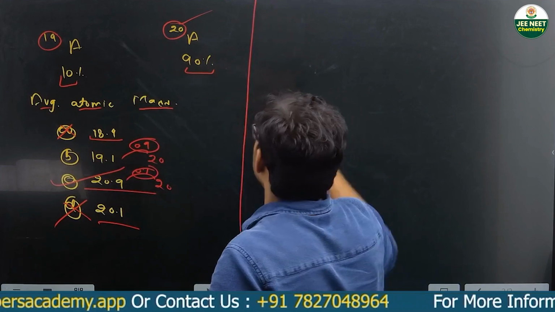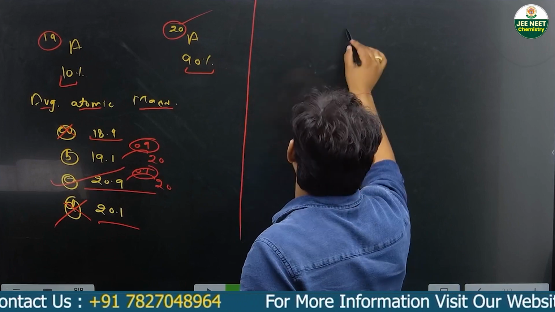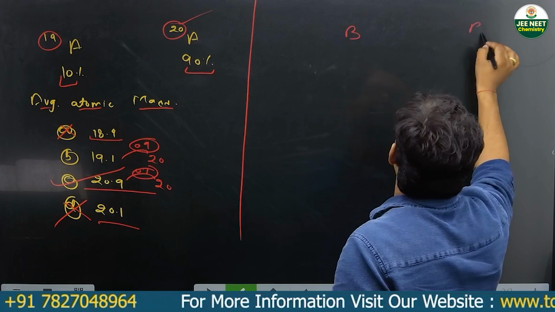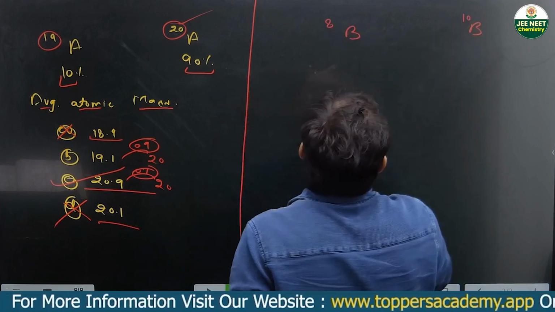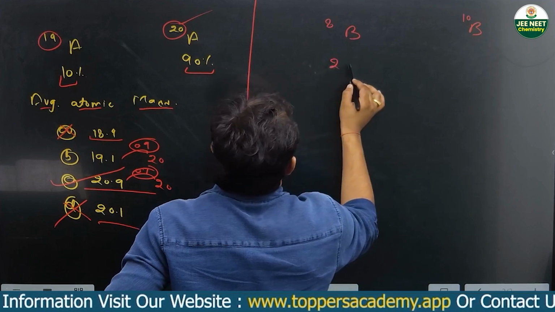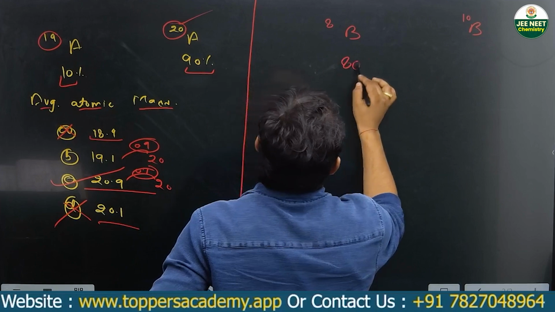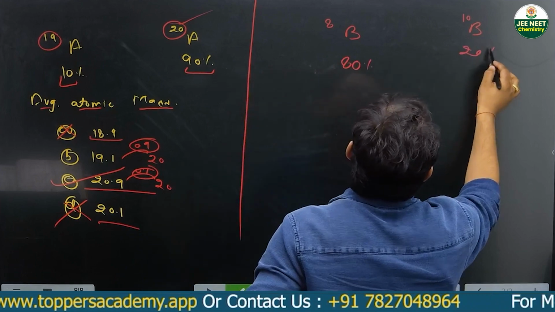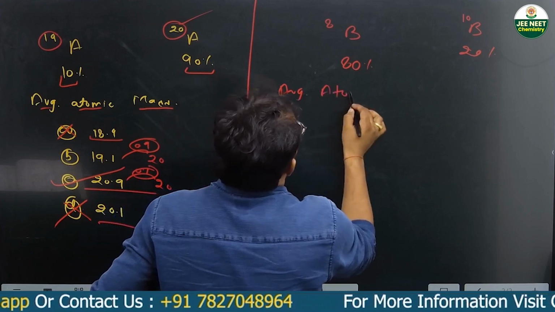Now my dear students, suppose I am taking another example, B. Suppose the isotopes are 8 and 10, with percentage abundance of 80% and 20%, and he is asking for the average atomic mass.